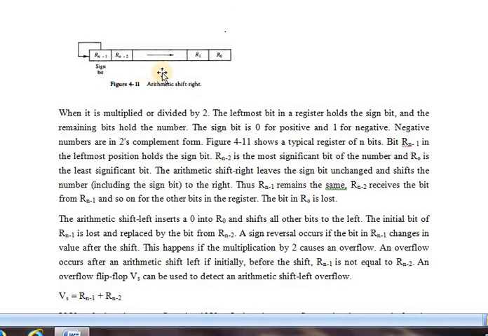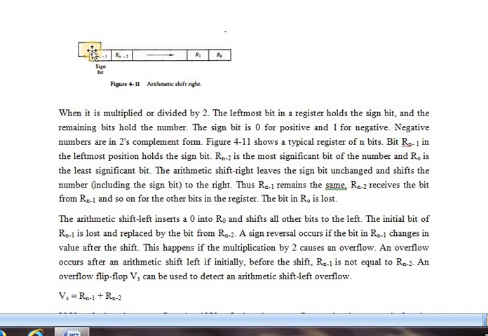Here you are performing the arithmetic shift right, which is why the arrow mark is in the right direction. This is the example for shift right. If you are performing shift left, it will be in the reverse order. When shifting left, you will be multiplying by 2, and when shifting right, you will be dividing by 2. The leftmost bit in a register holds the sign bit.